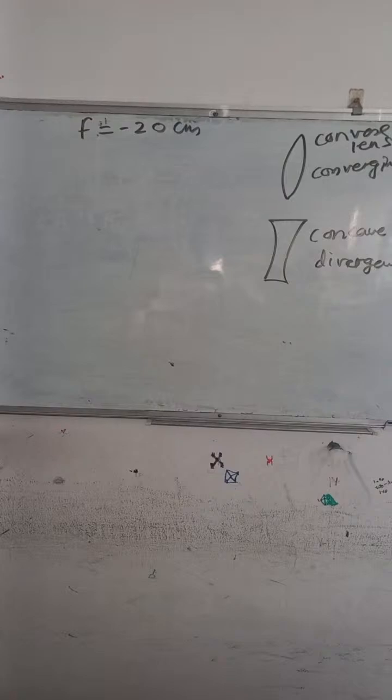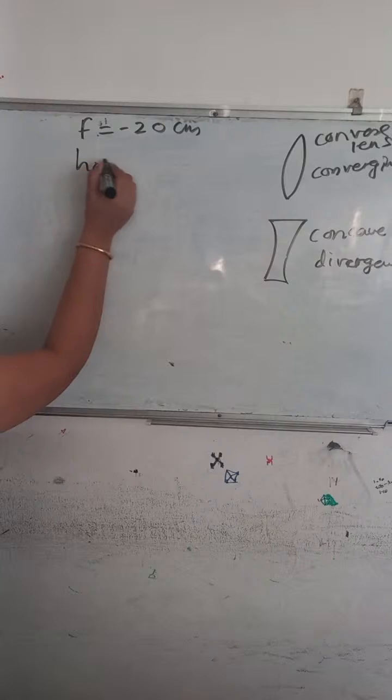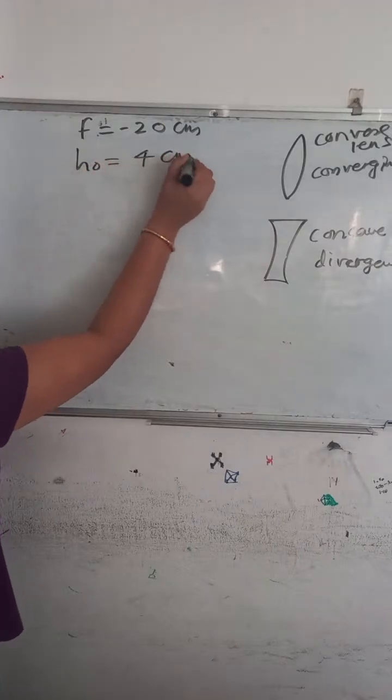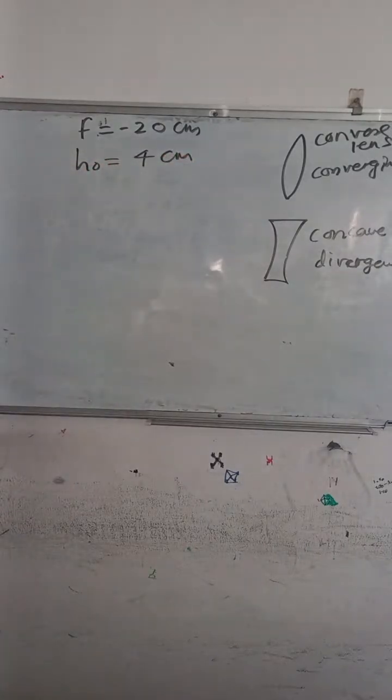Then they are saying at what distance should an object of height 4 centimeter be placed. That means here h_o, object height, is given plus 4 centimeter. It is above the principal axis. From the optical center of the lens be placed so that its image is formed 10 centimeter away from the lens.